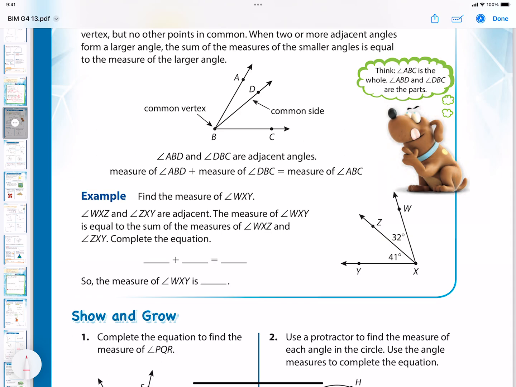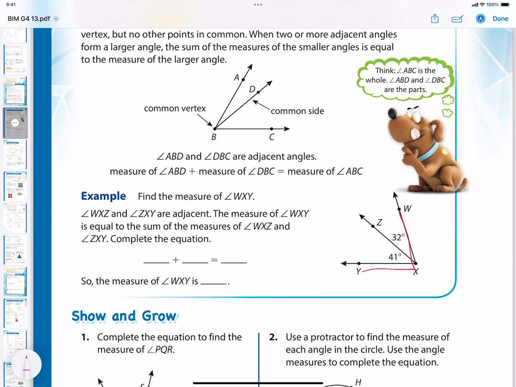All right, so example, find the measure of angle WXY. Angle WXZ and angle ZXY are what? Adjacent. The measure of angle WXY is equal to the sum of the measures of what?